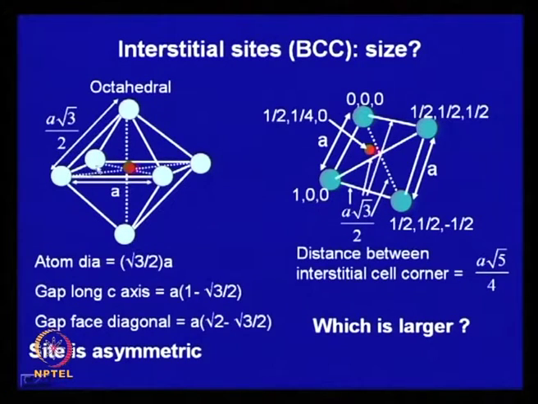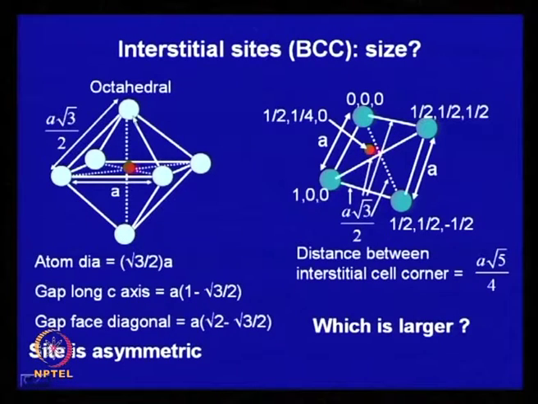And you have 8 isosceles triangles basically. So this is dimension a, and this dimension is half of the diagonal. So you have 8 faces surrounding this interstitial site, and the atomic diameter we estimated last time is equal to root 3 a by 2. So once you know this, then it is possible to calculate this gap.